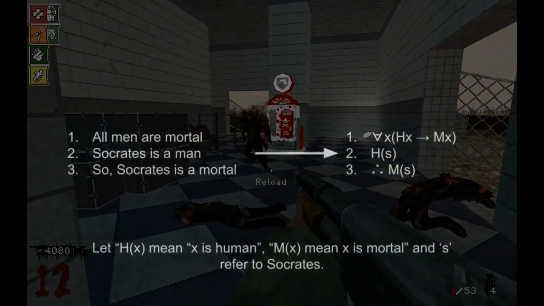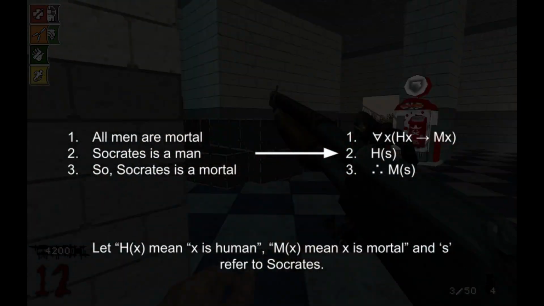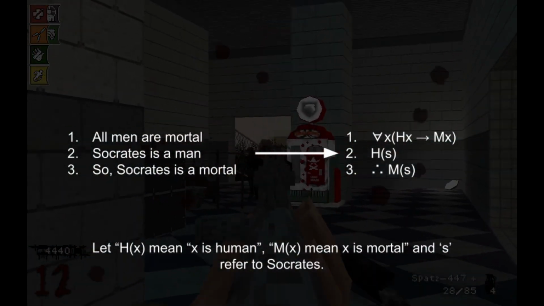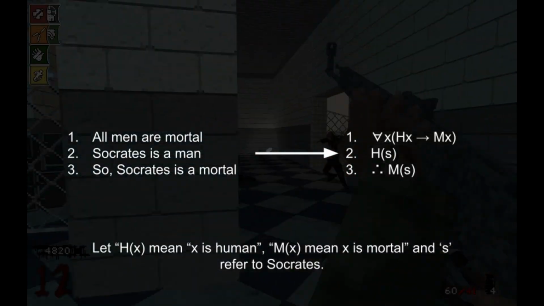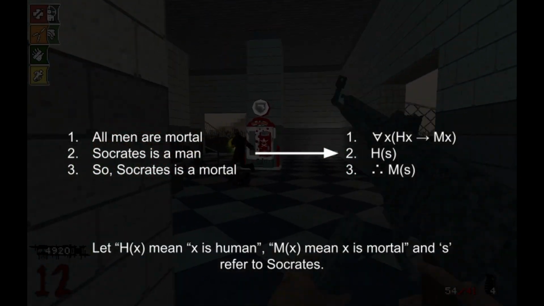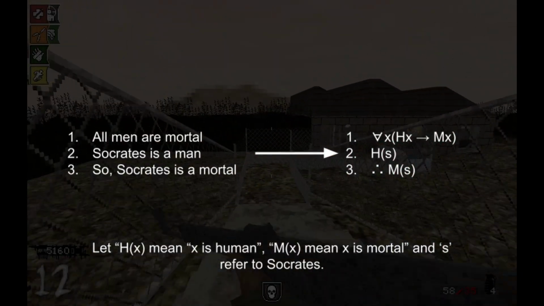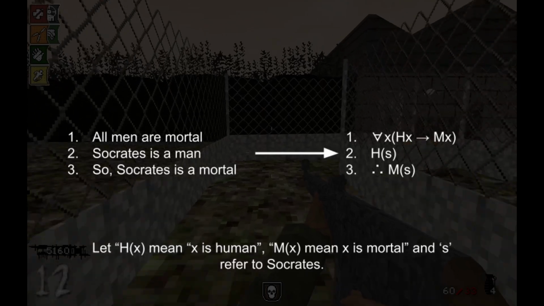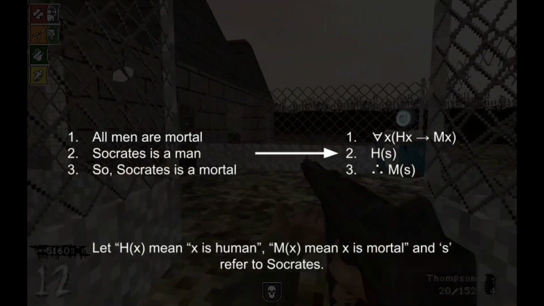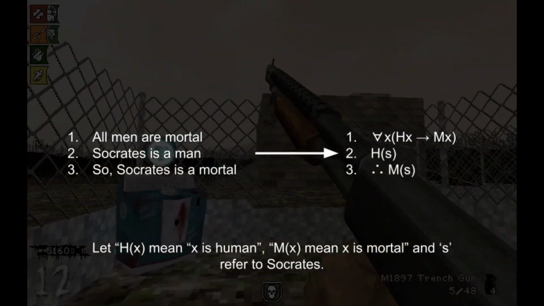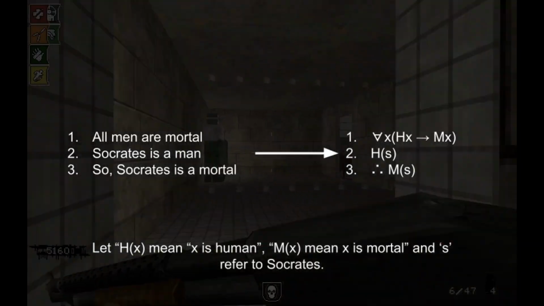So let's say we have all men are mortal, Socrates is a man, so Socrates is mortal. Basically, we can take the first statement, all men are mortal, and we can formalize that to for all x, if x is H, then x is M. And we've defined all these terms below. H just means man, M means mortal, and S means Socrates.